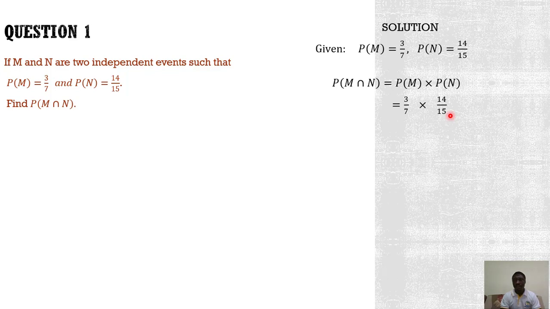Now when you simplify these two probabilities, you end up getting 2/5. I hope it is clear.